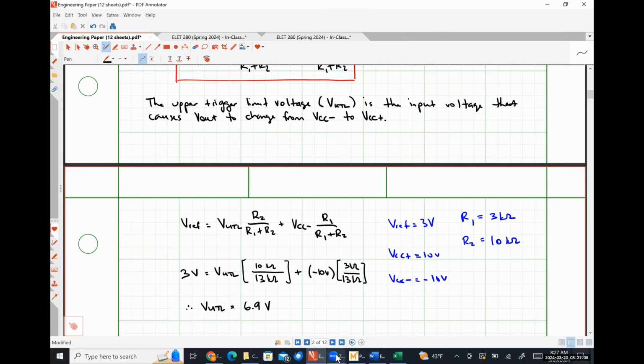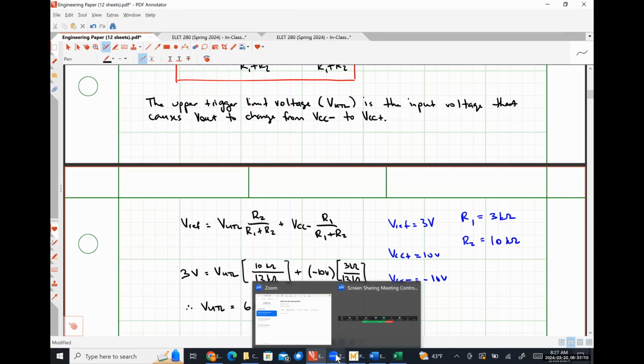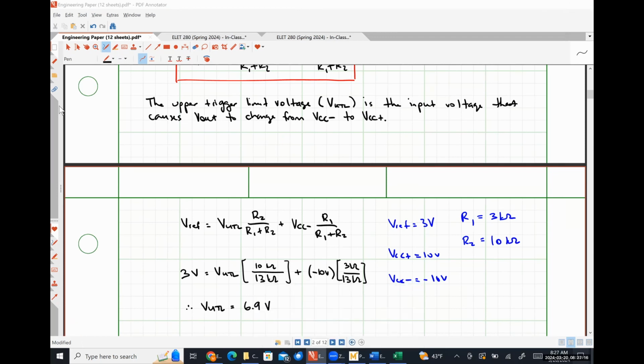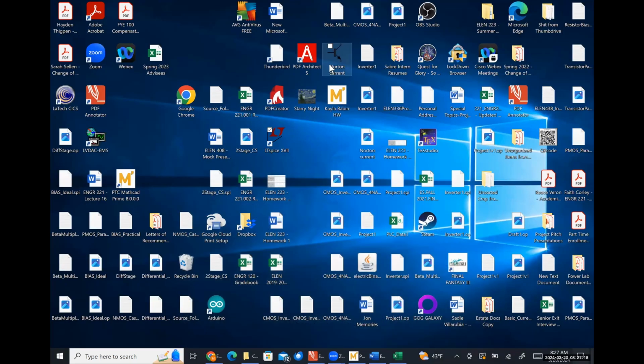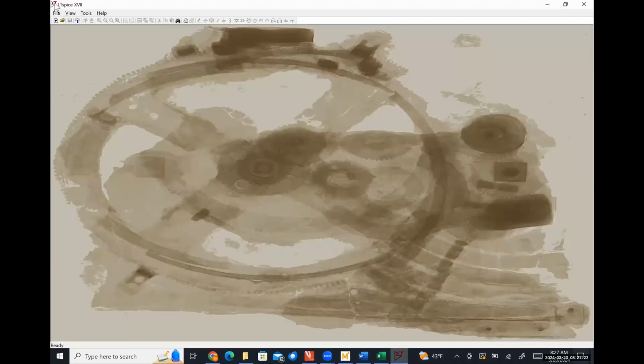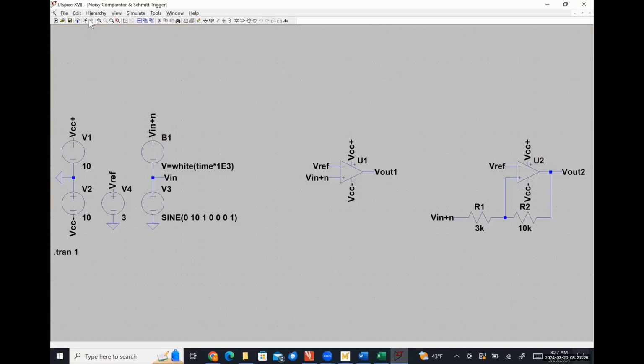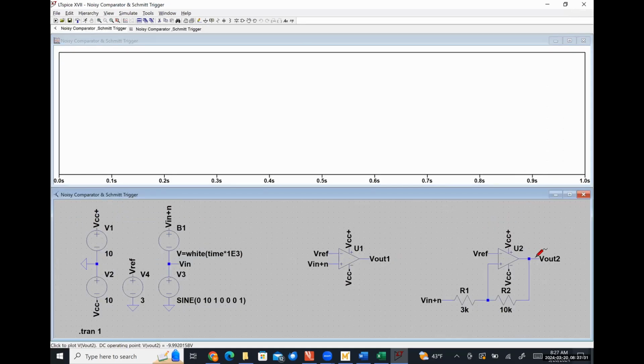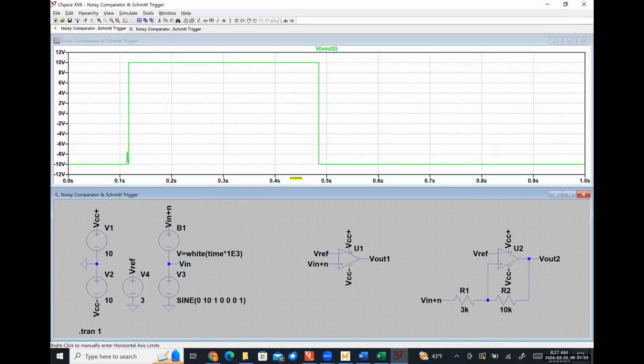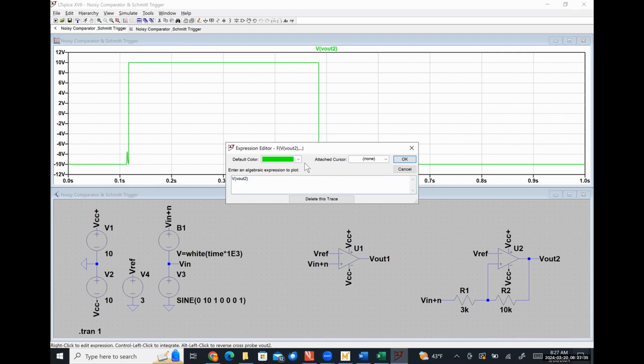Let's see if we can find that voltage on our LTspice circuit, which it looks like I accidentally closed. Run the simulation. Let's change that to something more visible.